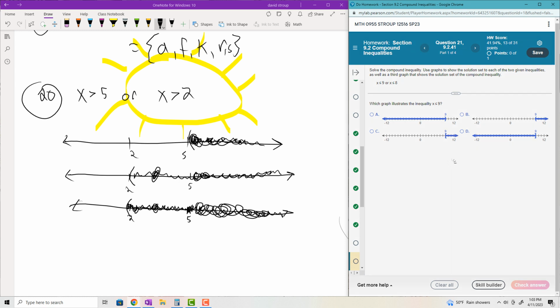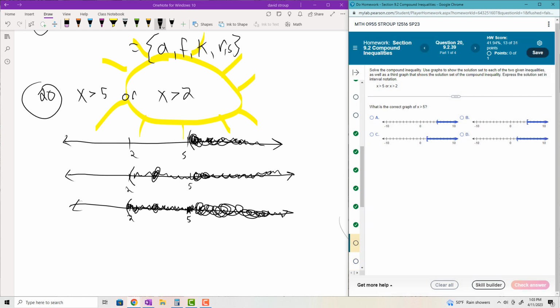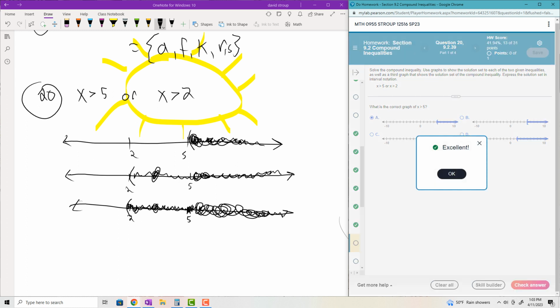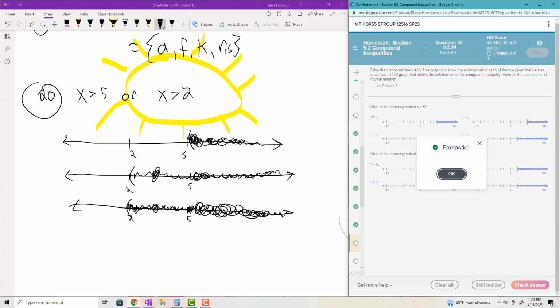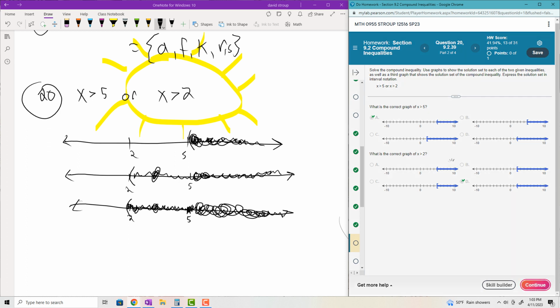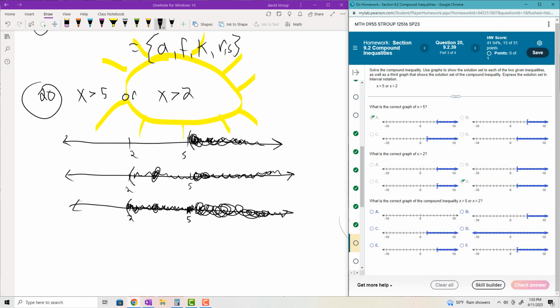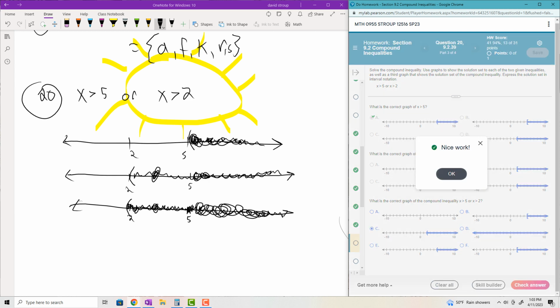Whoops, I didn't really answer the question, but I guess we did. All right, so x greater than 5 is A. X less than 2. Oh, x greater than 2 is D. And then the overlap of these two, I mean the sort of the shadow of those two is C. 2 to infinity.